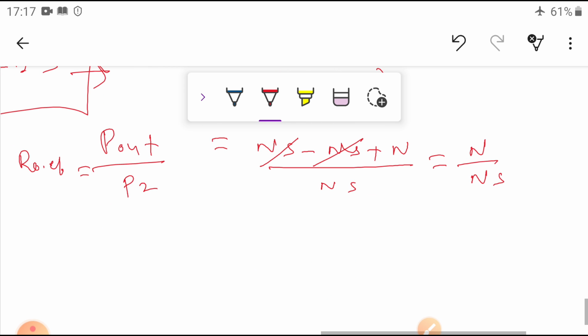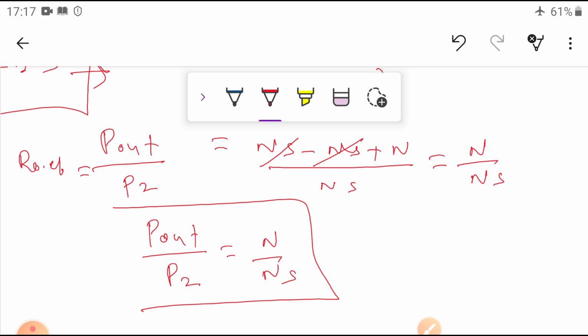That means rotor P out, if you know the P out, the P2 input is equal to N by Ns. So, this is a relation for this one. If you know the rotor speed and the synchronous speed, I can easily calculate the P out and P2.